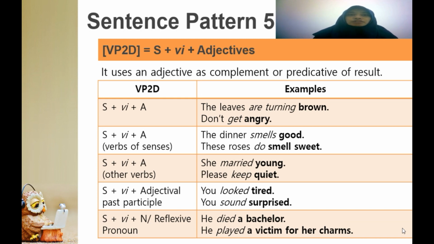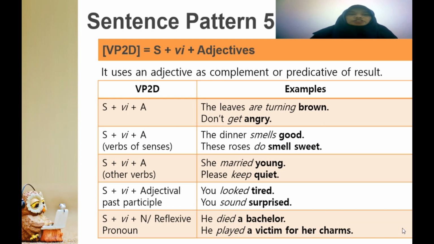The third formula for this pattern is subject plus verb intransitive plus adjective, but it belongs to other verbs than the senses, like she married young or please keep quiet. So here she is the subject, and then married is the verb intransitive, and young here is the adjective.